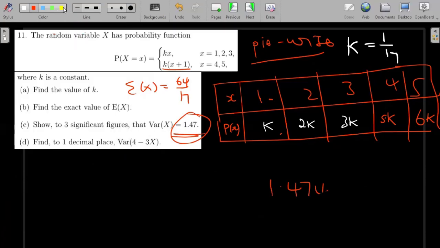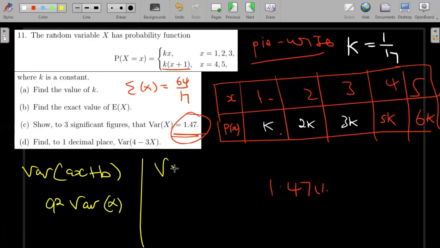Remember we said the variance of ax plus b is the same as a squared variance of x. Now I have the variance of 4 minus 3x. I'll write the minus 3 in front and then plus 4. So this will be the same as minus 3 squared, and then variance of x.